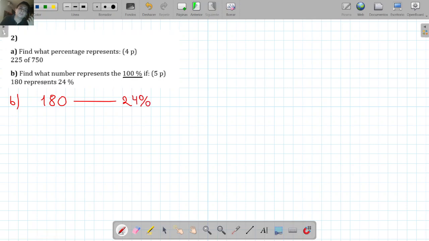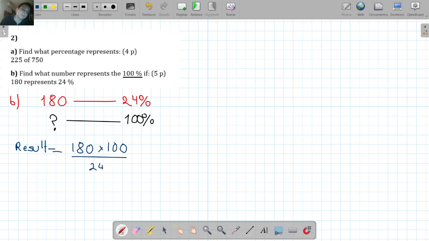But the question is, what number will represent the 100%? And again, we have to use the rule of 3. It is as simple as it sounds. Our result is going to be 180 times 100 divided by 24.